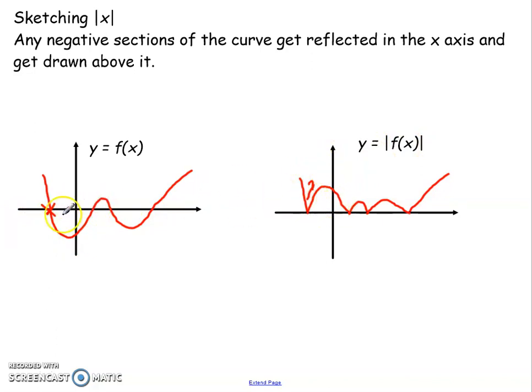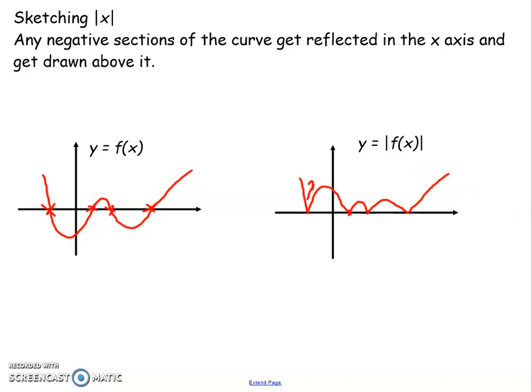I then do that up to this point here, where I would have cut the x-axis again, and I follow the same functional form that I would there. And then at this point, when it goes back below the x-axis in the original, I just reflect it back up over the x-axis here, to the point where it would intersect the x-axis for the final time, and then just continue off as I would. So essentially, it's just mirroring every single negative section back up and over the x-axis.